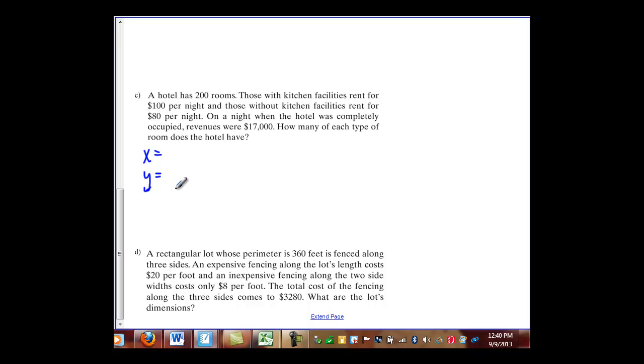So I had to have 2 variables, x and y. What do x and y stand for? Yeah, so the number of rooms with kitchens and without.